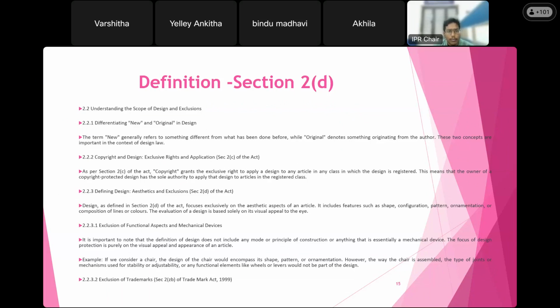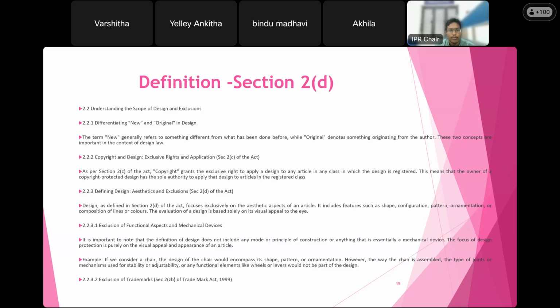So once you register your design, you will have the right. If anybody wants to use your design on their article, they need to get consent from you. That is called copyright. I want to copy your design, so for that, please give me the consent.